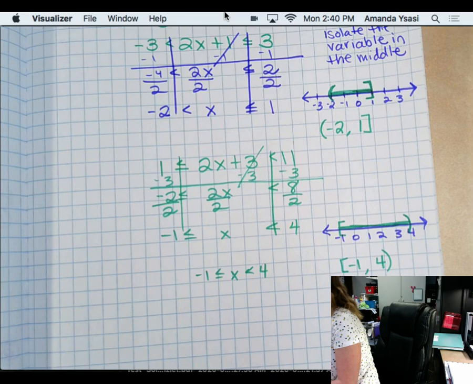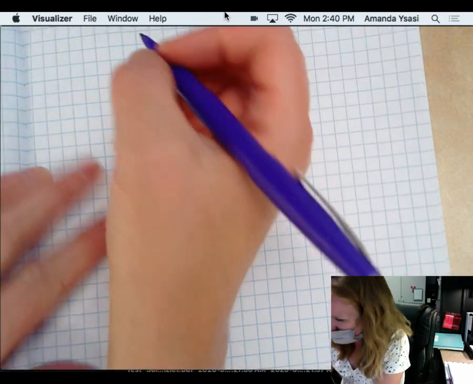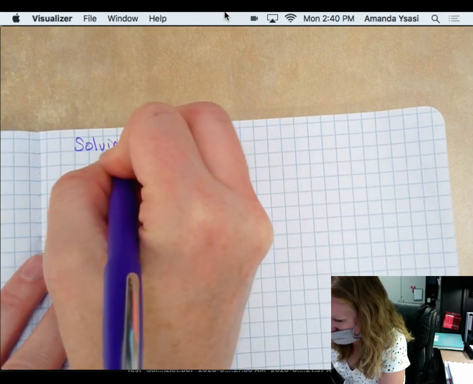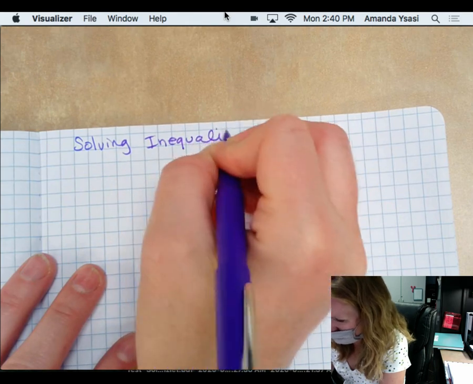Okay, and the last topic on this section is absolute value. So the topic is solving inequalities with absolute values.